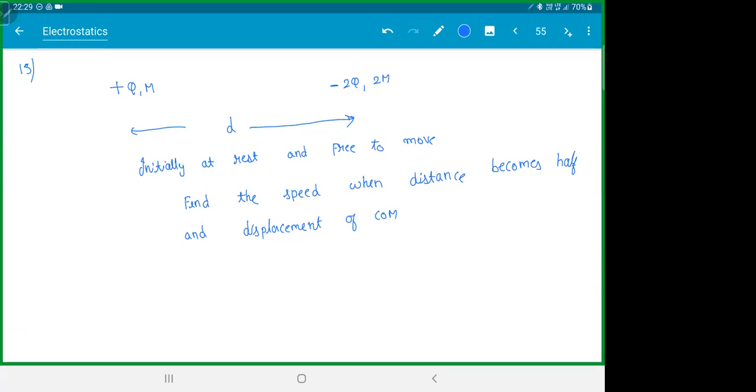Anyone got this? Yeah, Harsh, that is right. The displacement part is right. How do we do this?